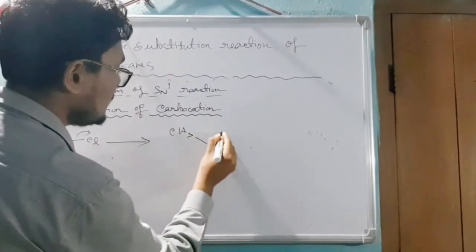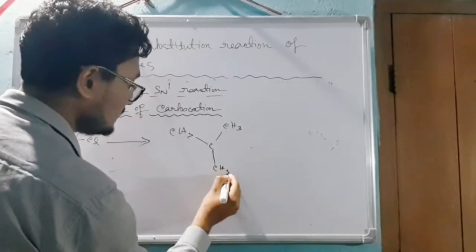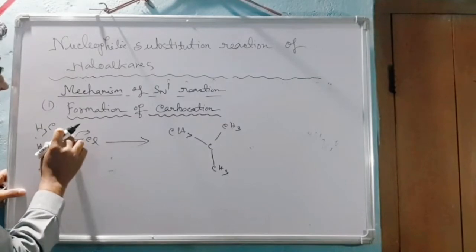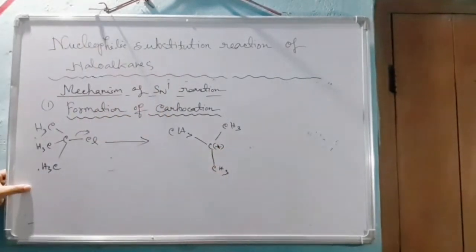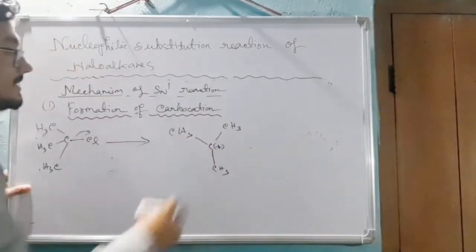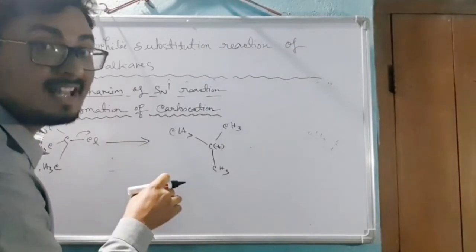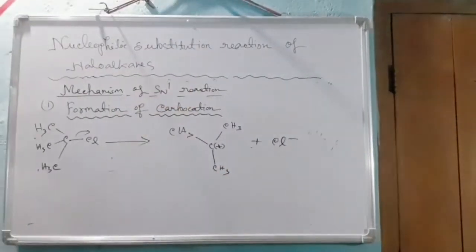So in the first step what will happen? CH3, this electron comes to this position, so here a positive charge is there. This is a tertiary carbocation. Now this Cl acts as a leaving group, plus Cl minus.